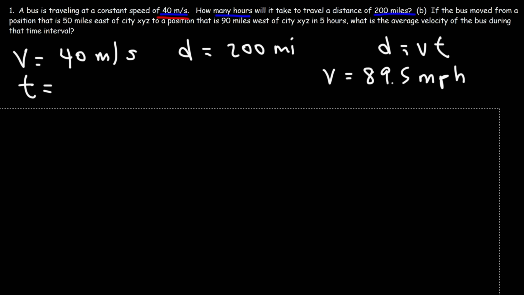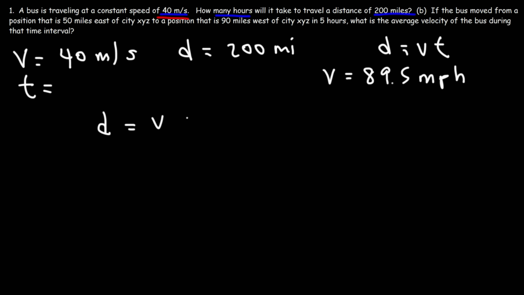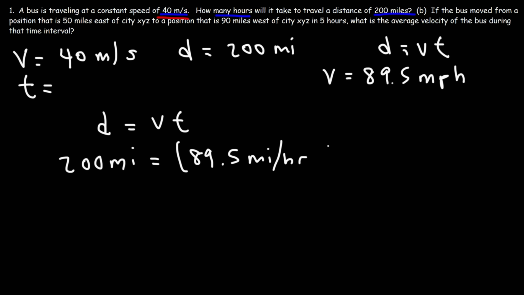Now let's go ahead and finish this problem. So let's use the formula d is equal to vt. In this case, d is going to represent the distance, which is 200 miles. V is going to be the speed, which is 89.5 miles per hour. And then now we can calculate t.